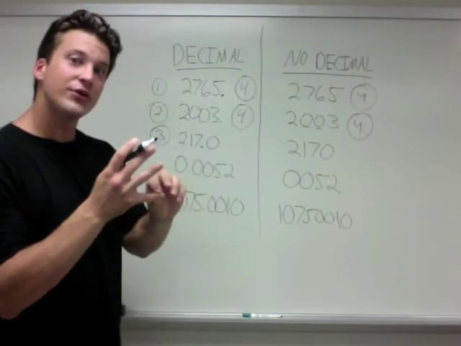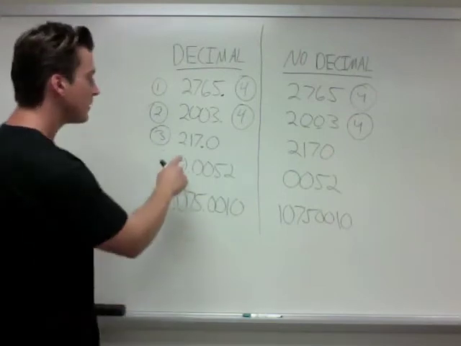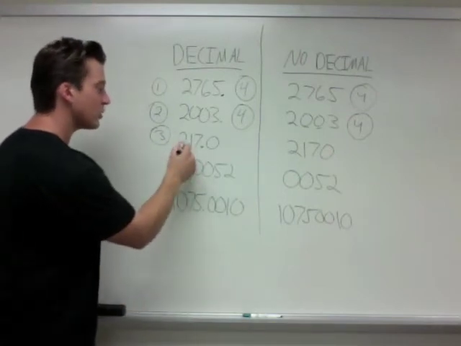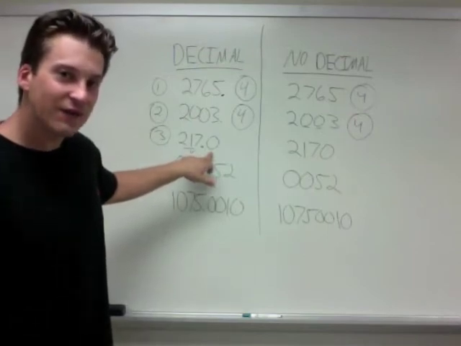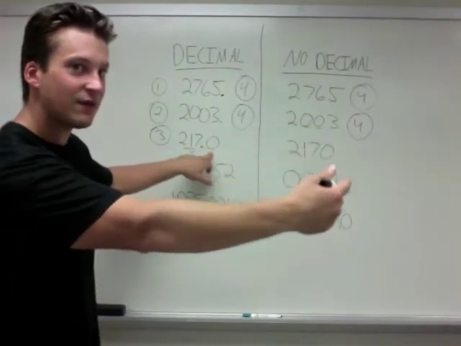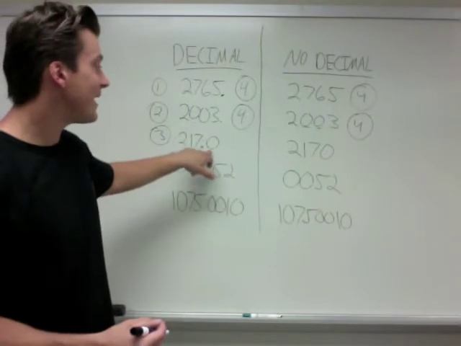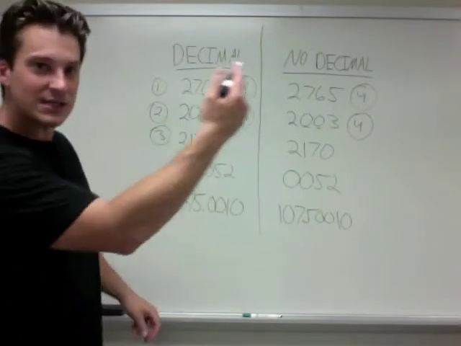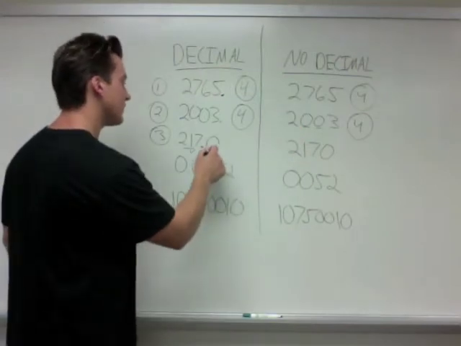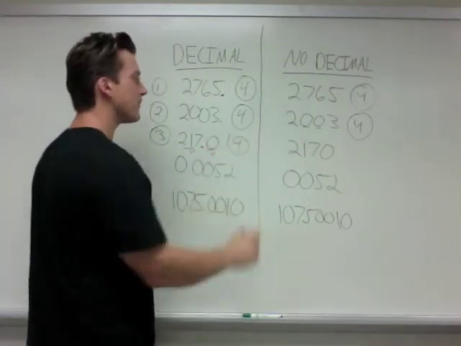Rule number 1, all non-zero digits are significant. Therefore, the 217, they're good. They're significant. Trailing zeros are significant if there is a decimal present. There is a decimal present. The 0 is at the end. Therefore, it is significant.